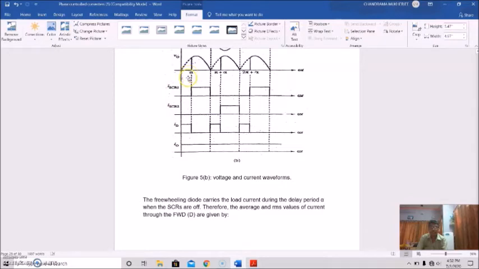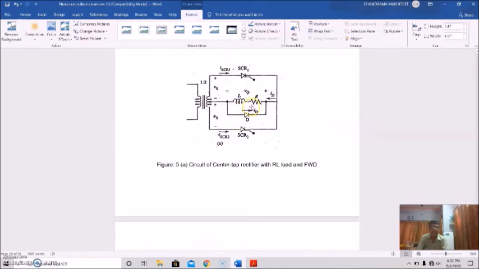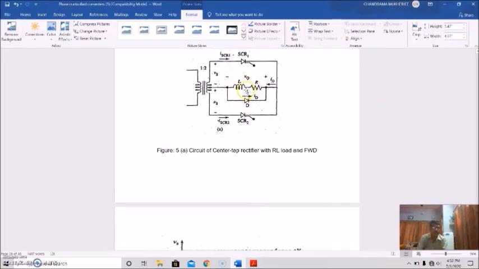The firing angle is alpha. So, this is the delay period, and during this time this freewheeling diode is carrying the current. Okay, that means current will be flowing through this load and this freewheeling diode. Clear? So basically, this load is inductive, so due to the change in di/dt, the energy will be released during this negative part.